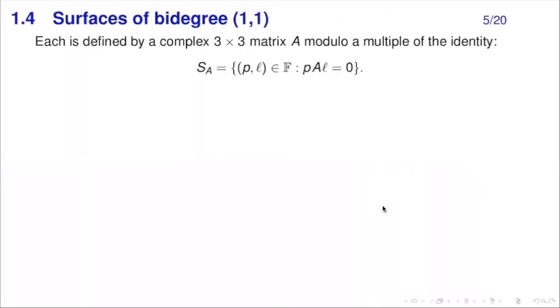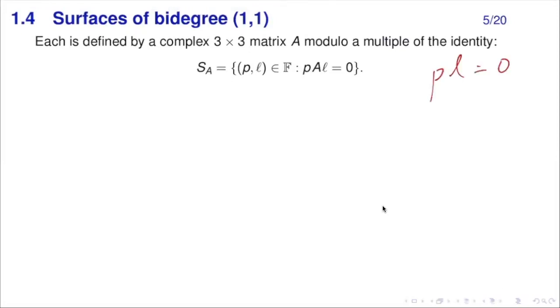Okay, now that's sort of fairly easy. What about moving on to quadratic objects? Well, I'm going to say a lot later about surfaces of bidegree 1, 1. And they're easily defined, again, with this linear algebra setup, which I want to emphasize. The flag manifold, of course, is defined by the equation PL equals 0.